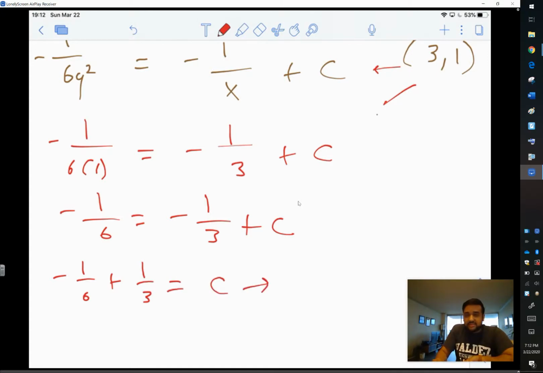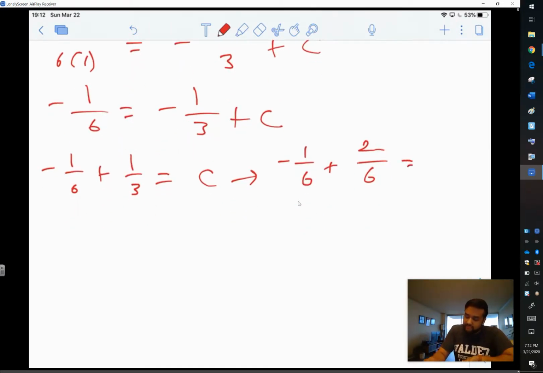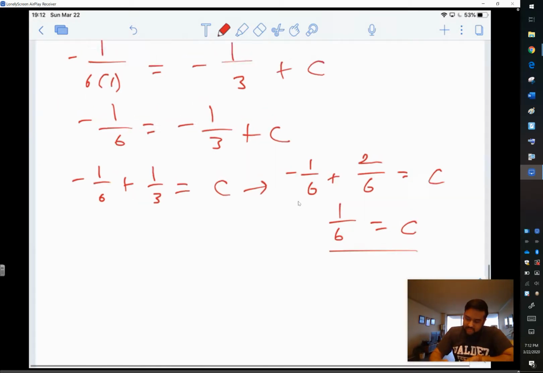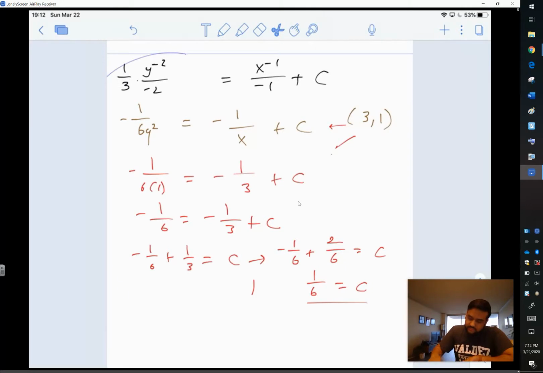Negative 1/6 I can leave as is. 1/3 I'm going to rewrite that as 2/6 to make it least common denominator. And this will give us a value of 1/6. So we found c, it's 1/6. So let's plug that in. See if we can shrink this a little bit.